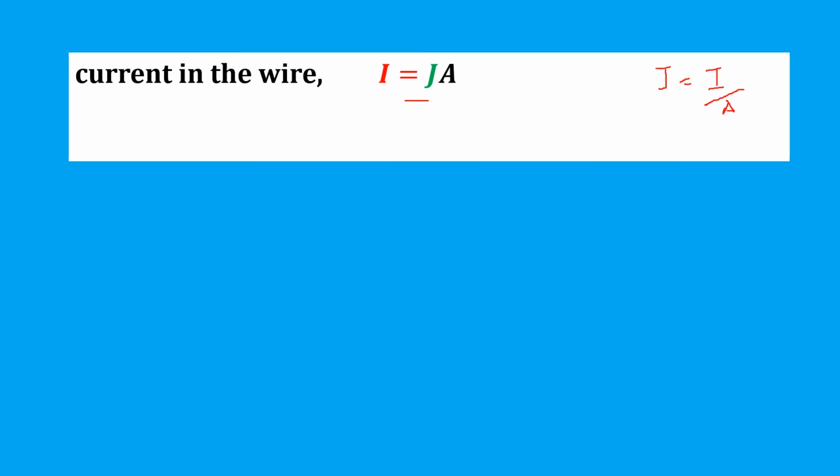In that case, we know the current density, which is 8 × 10^6, and the area is 1 × 10^-6. Therefore that takes us to our answer, which is 8 amperes.